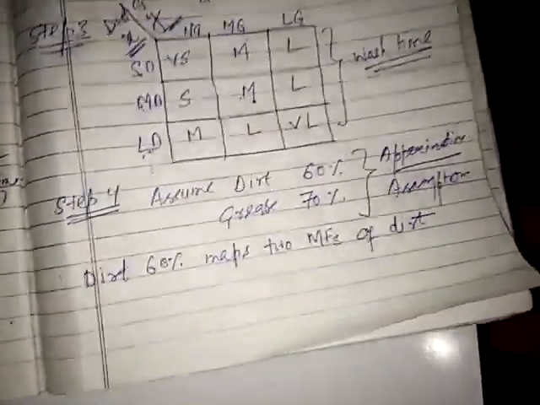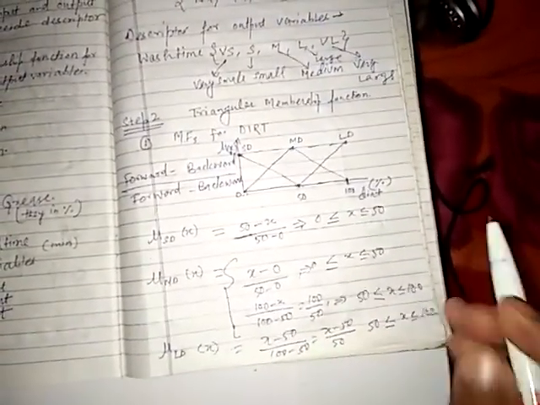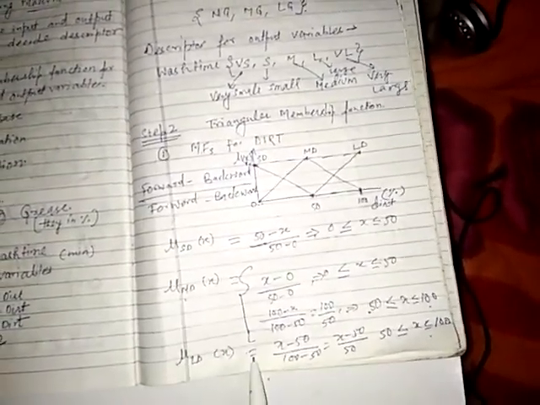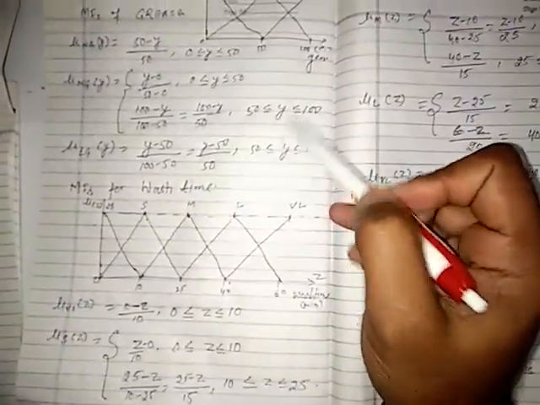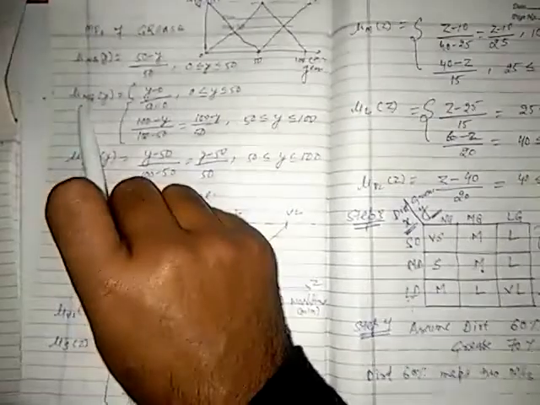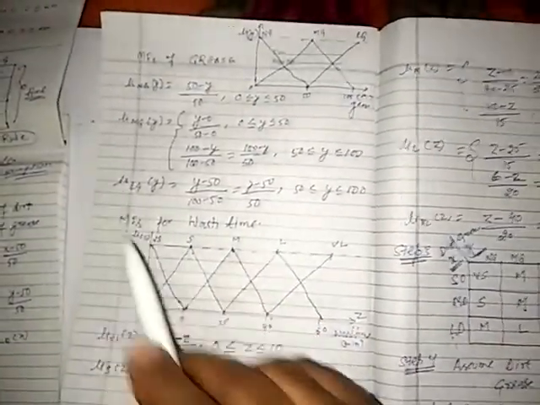Because if we check the membership function for 60%, it comes in the range of 50 to 100, in both the medium dirt range and the large dirt range. And when we take the grease as 70%, it again comes in two ranges: 50 to 100 in the medium grease, and 50 to 100 in the large grease.